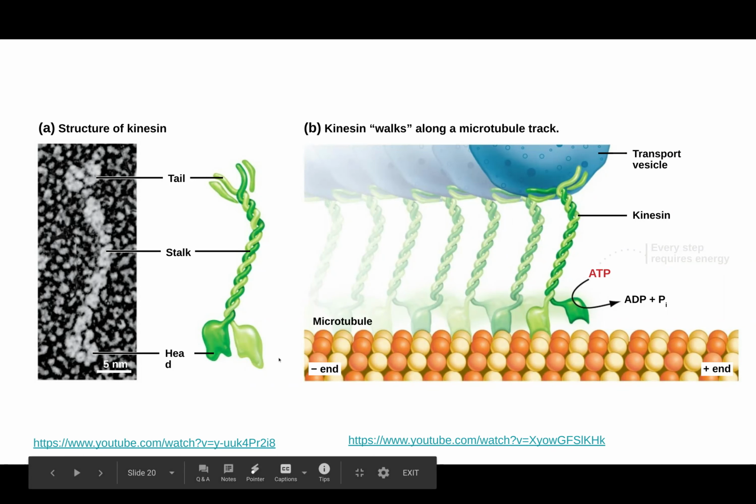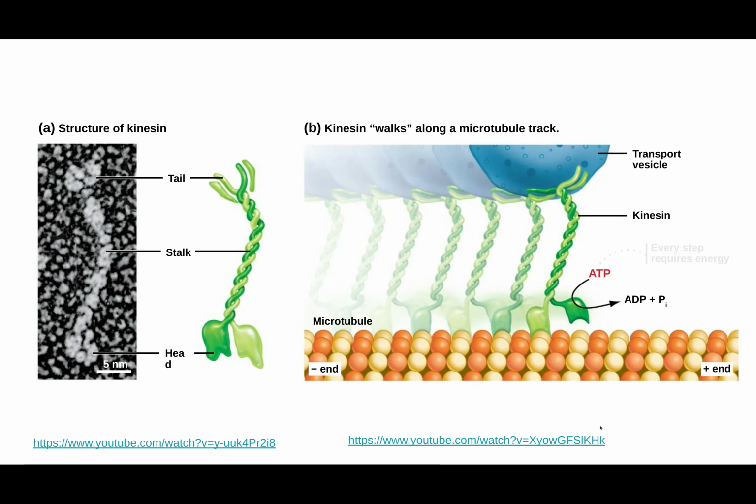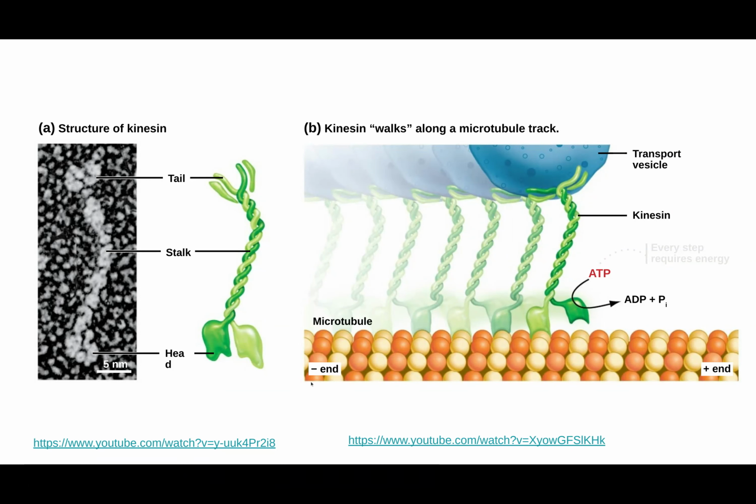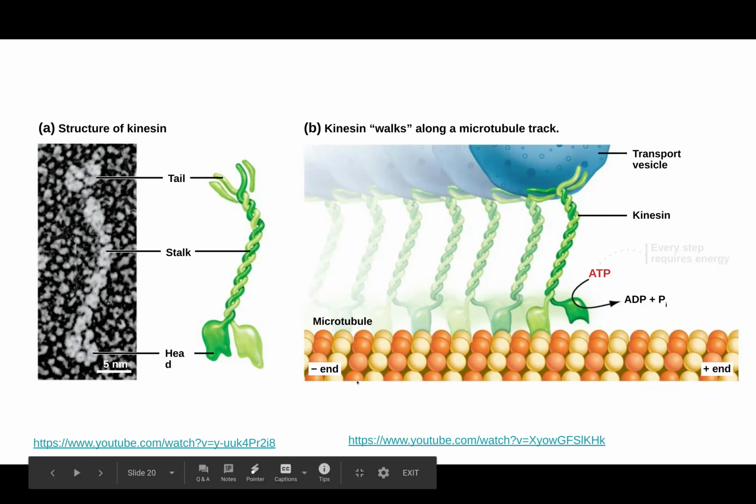And the cytoskeletons do have directionality. They have a plus and minus end. So when you have one of these walking along a cytoskeleton, it will move only from the minus end to the plus end. Think about reading a book, right? In standard English, you read a book from left to right. That's the same idea here. You walk along the microtubule only from minus to plus.